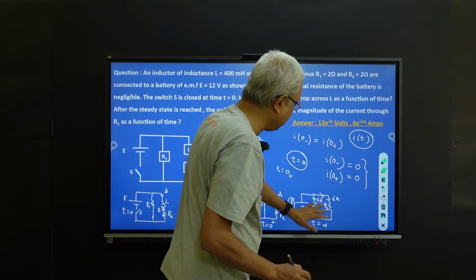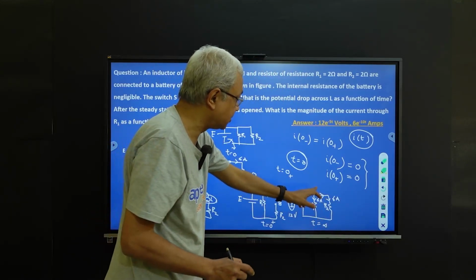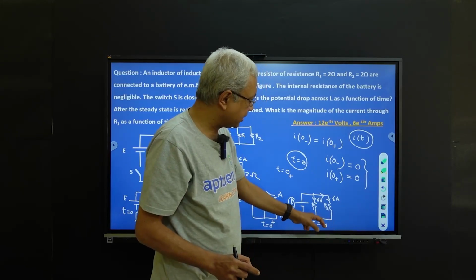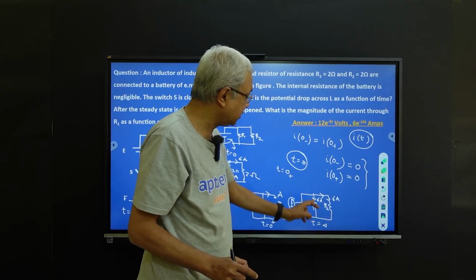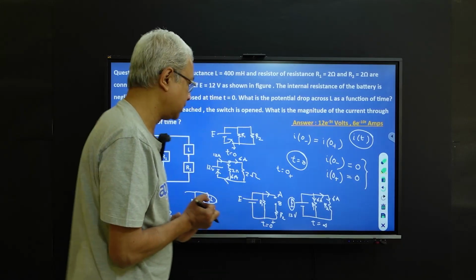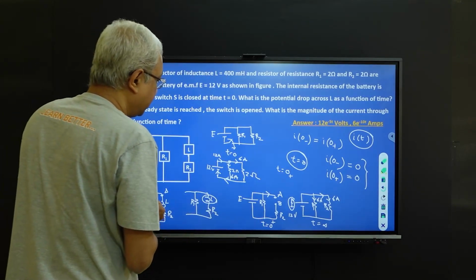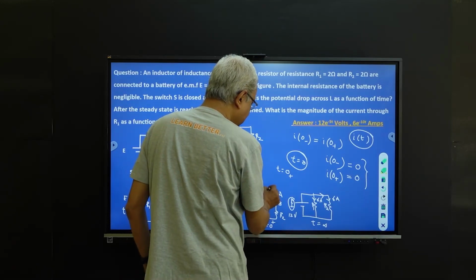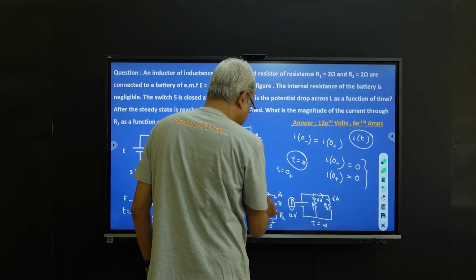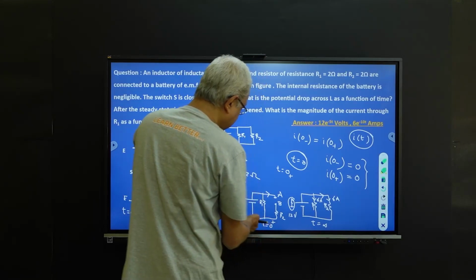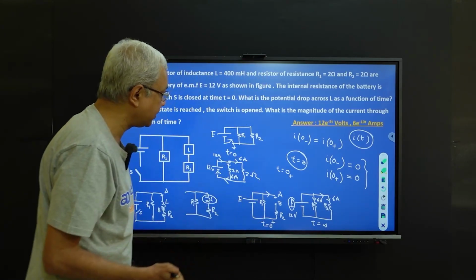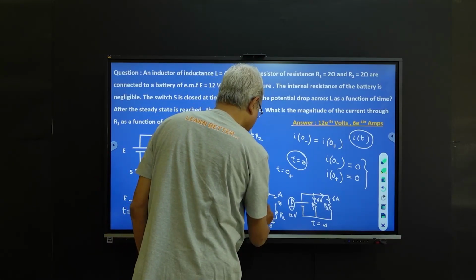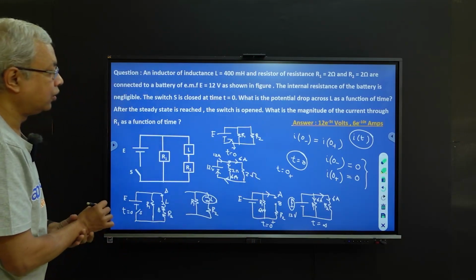So the circuit purely looks like a resistive circuit like this. When sufficient time has passed, mathematically t equal to infinity, 6 ampere current flows through it. Alright. And initially, there is no current in this branch, but here a 2 ohm resistance is put across a 12 volt battery, so initially also 6 ampere current flows here. Alright.